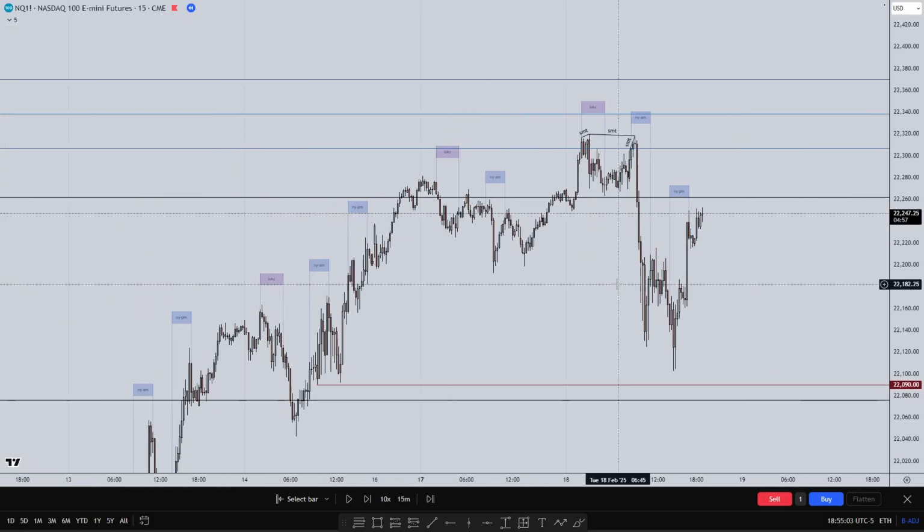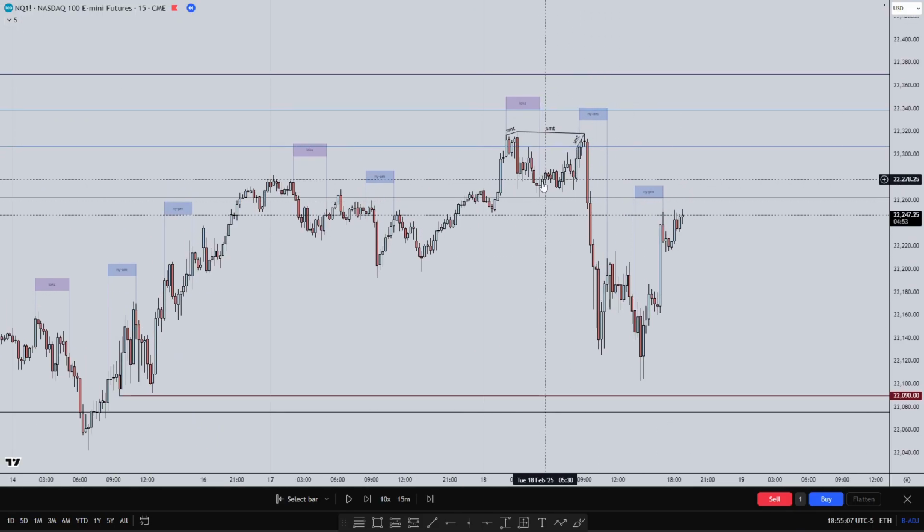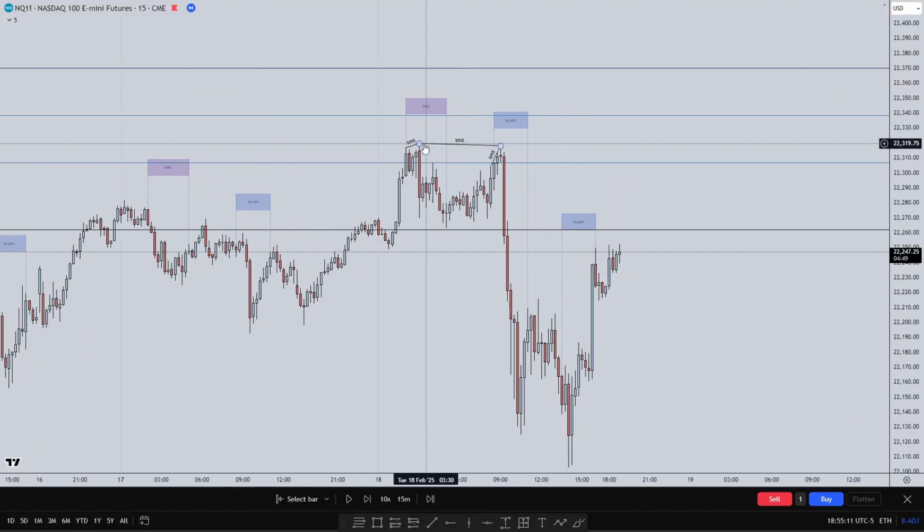I'm gonna go over a few examples on the actual chart. Here we have today. Today was a pretty good example. We had our bearish SMT with this high, and then our lower time frame-ish SMT here.